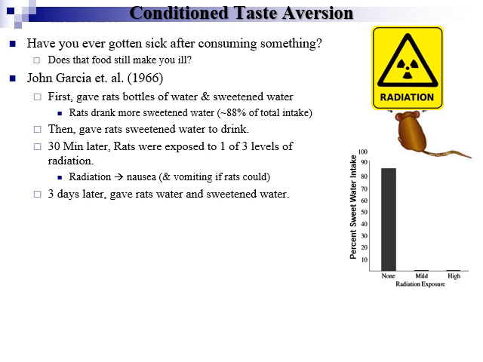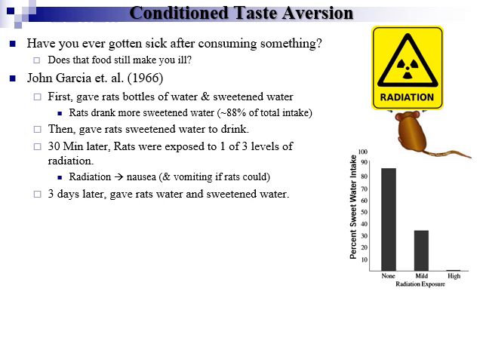But for those that had mild exposure to radiation following drinking the sweetened water before, we see that their preference shifted, and only about 33% of their intake was of the sweetened water. The rest of the water they drank was the unsweetened, the regular water.